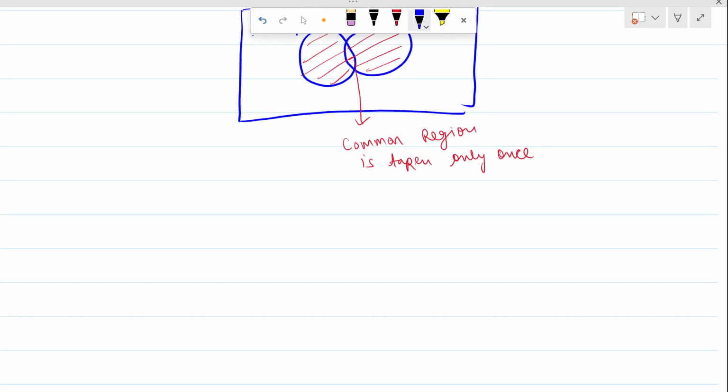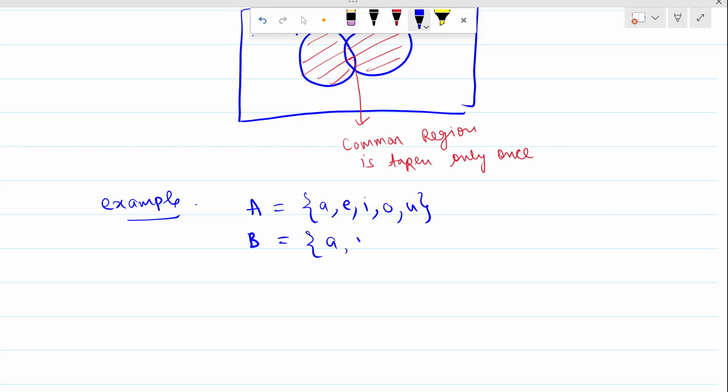For example, A is equal to {A, E, O} and B is equal to {A, I, U}.